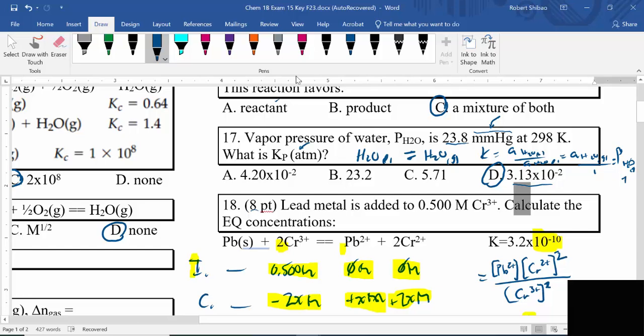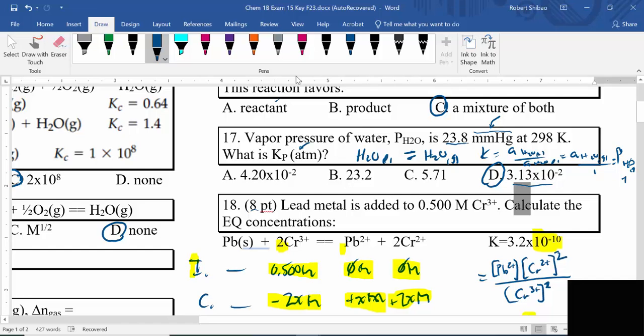So all we have to do is, here we have the equilibrium. The vapor pressure is the equilibrium pressure of the gaseous form of the liquid in a saturated container here at 23.8 millimeters of mercury.